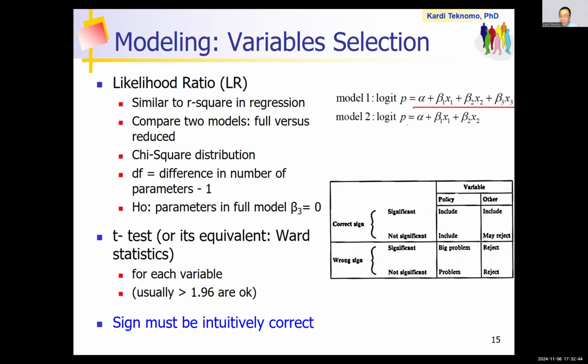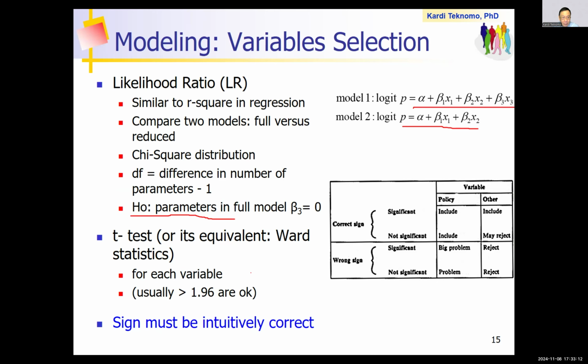If the reduced has just 2, then there is some df. df is degrees of freedom, which represents the number of parameters minus 1. And the H0, the hypothesis, is of course the same as the full model when beta 3 is 0.